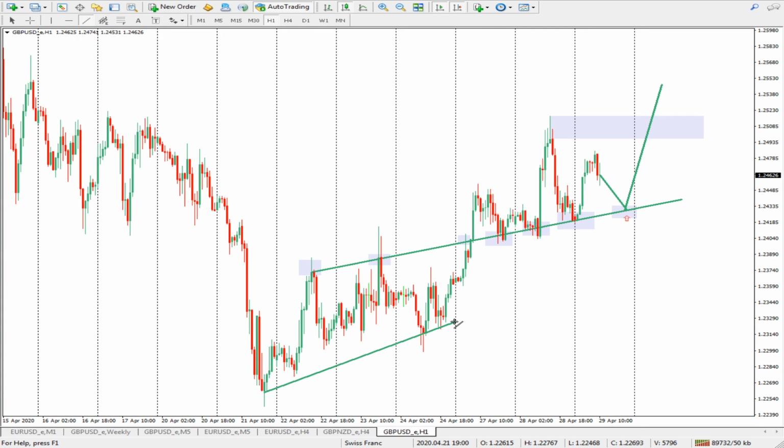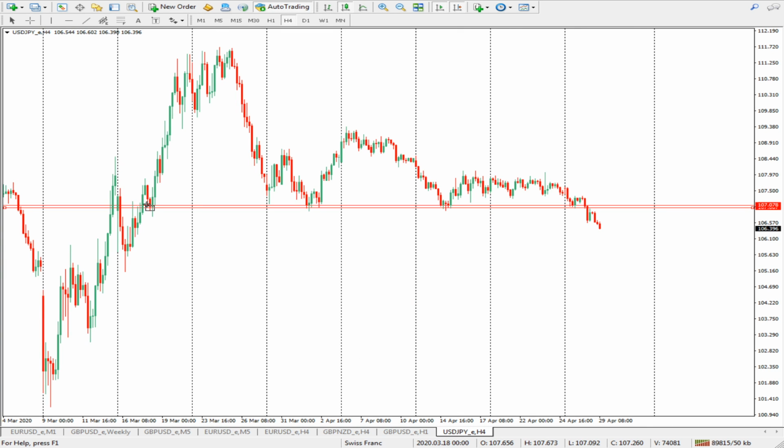So USD JPY is downwards. The price is moving perfectly to the lower side. We did have some support here. We did have a support here yesterday. So we had a support here, we had a support there, and then we also had a support when the price actually was about to break below it.